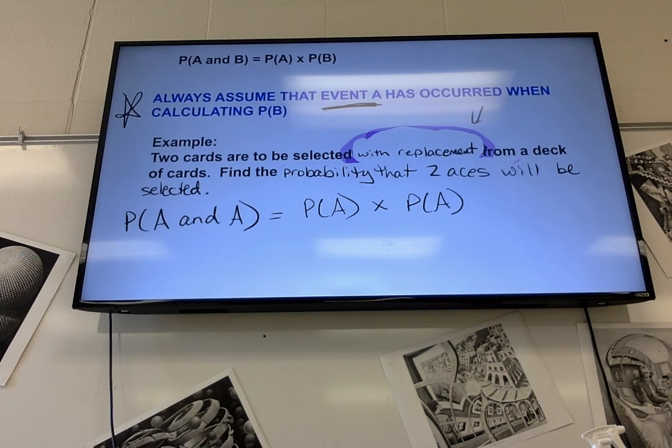And this is super important: with replacement means you reach in the deck of cards, pull out an ace, then you put it back in, and you reach in and pull out another ace.